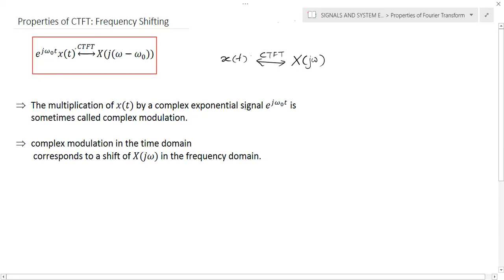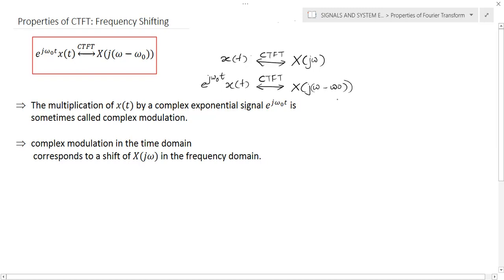Then if you multiply a signal x of t with e raised to j omega 0 t in the time domain, it will be equal to x of j omega minus omega 0 in the frequency domain.